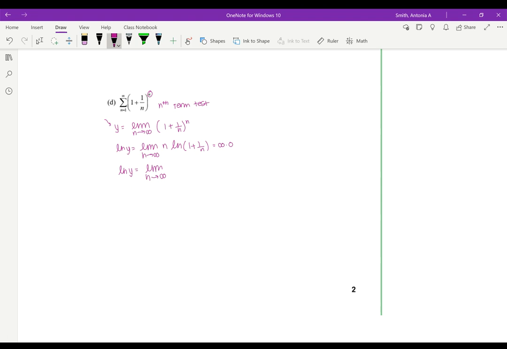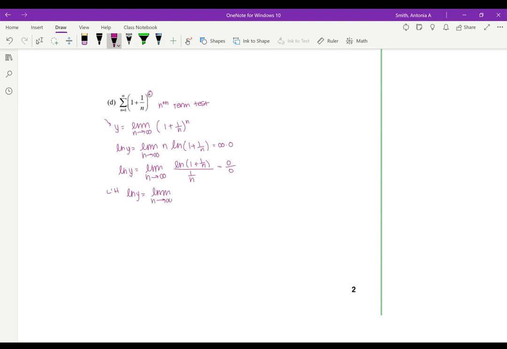Okay. I can't use L'Hopital's rule with this indeterminate form. I need to get infinity over infinity or 0 over 0. So that's why I'm going to rewrite this as the natural log of 1 plus 1 over n over 1 over n. Because now if I do direct substitution with infinity, I'm getting 0 over 0. And now I can use L'Hopital's rule. Okay, so I have the natural log of y equals the limit as n approaches infinity.